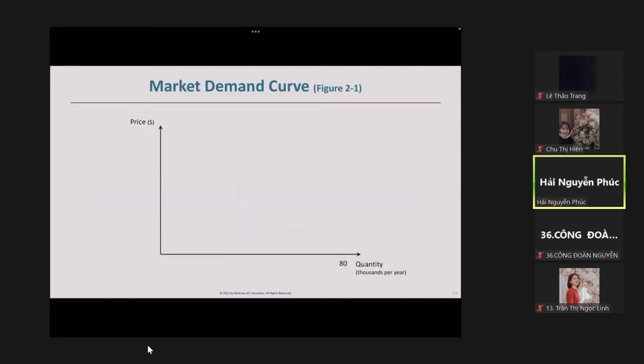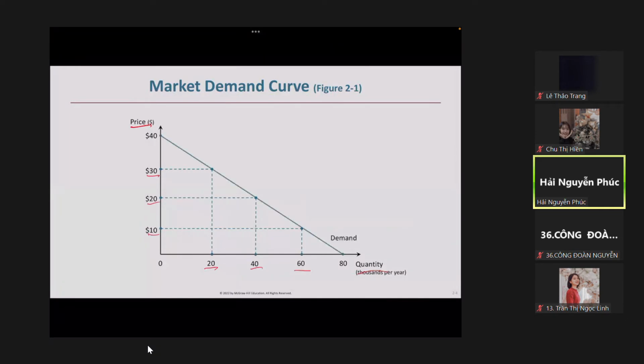Suppose we have a market, right? Here's the price, here's the quantity, right? We have the following information. When the price is 30, the quantity is 20. When the price is 20, the quantity is 40. When the price is 10, the quantity is 60. So through these dots, we can draw the demand curve.